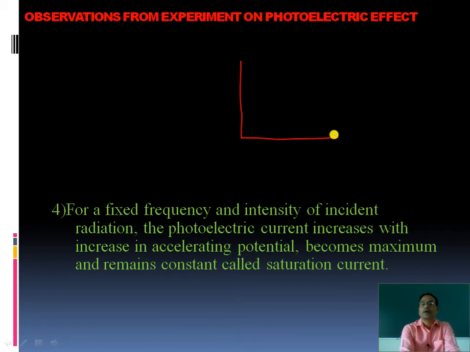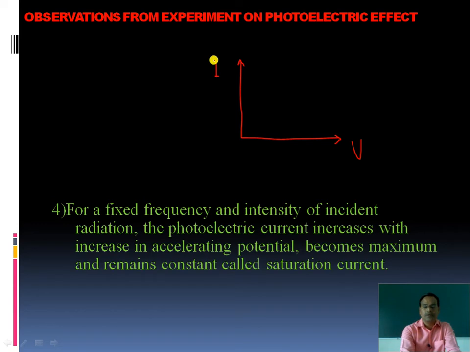See here, on the x-axis we take the accelerating potential difference. On the y-axis we plot the values of photoelectric current.